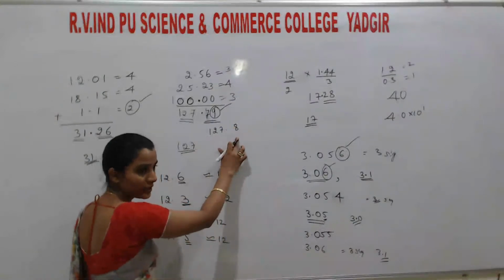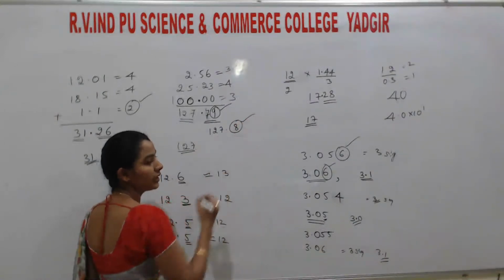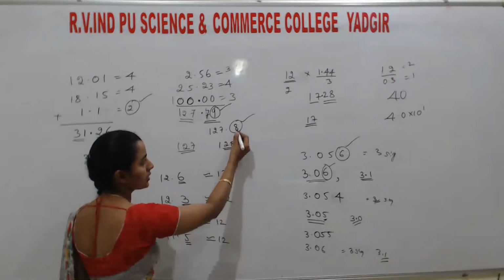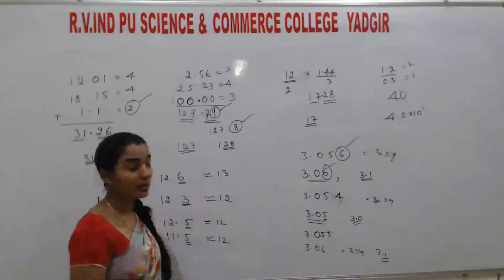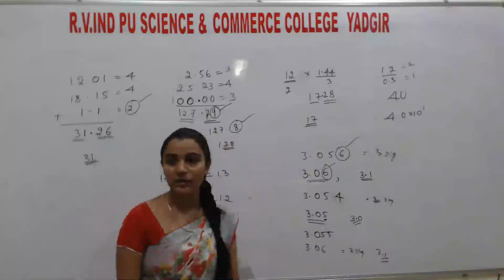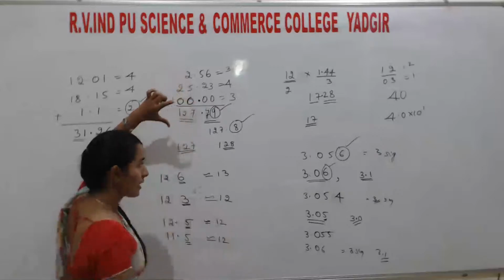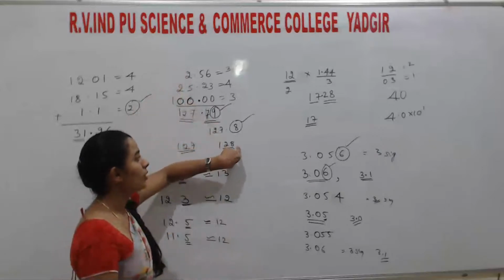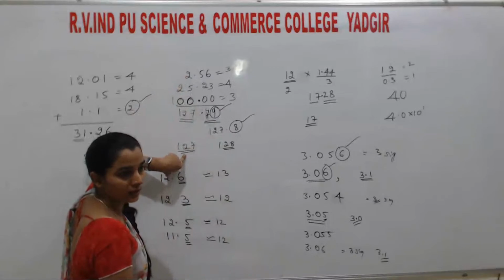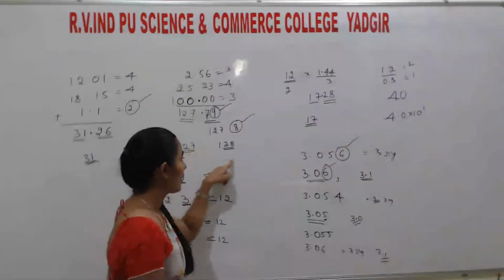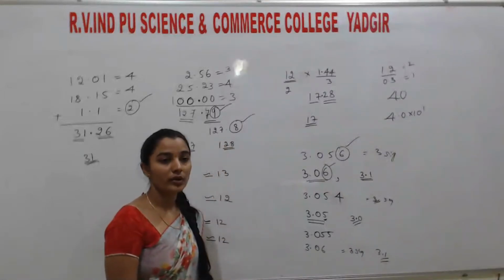Again we want 3 significant figures, so we eliminate 8, then this becomes 128, because it is greater than 5. 127.79 is approximately equal to 128. The exact answer is 128, not 127. Understood? The accurate value is 128.